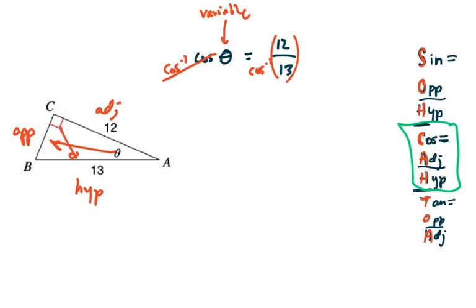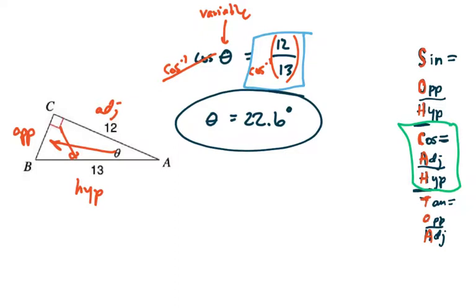And if I'm using the Desmos calculator, I'm going to type it in exactly like this: cos negative 1 first, and then 12 over 13 in the parentheses. When I do that, I get theta equals 22.6, and that should be in degrees. And that's the answer. So set it up, one-step problem. And that's how all these are going to go.